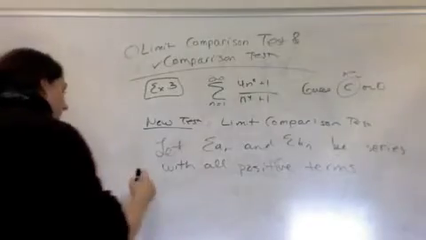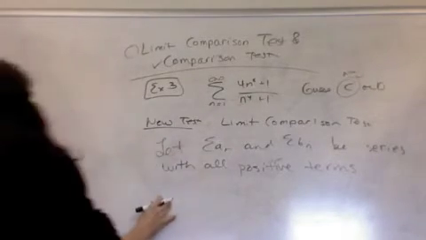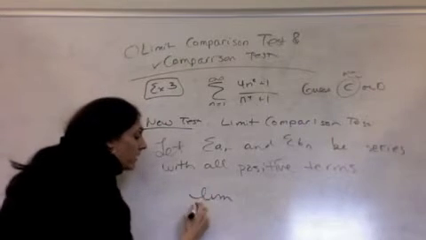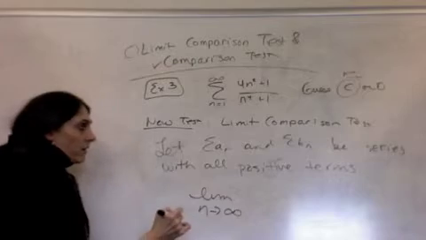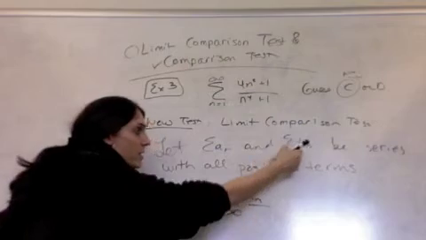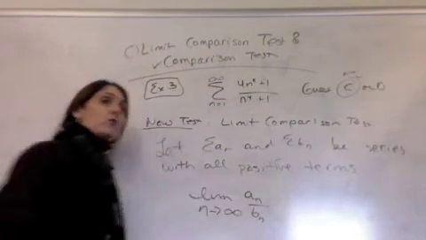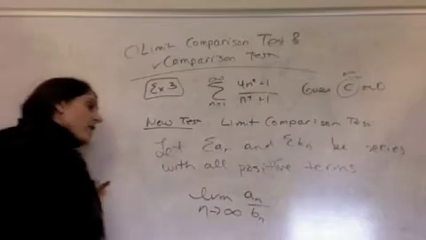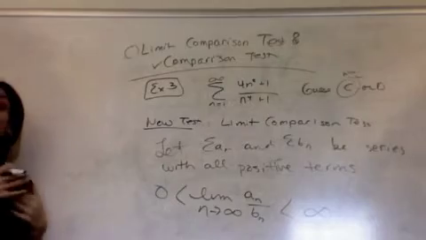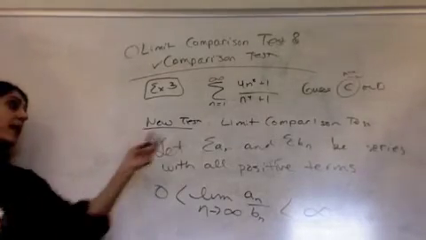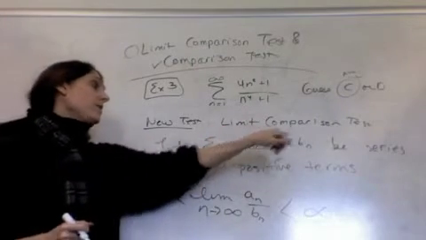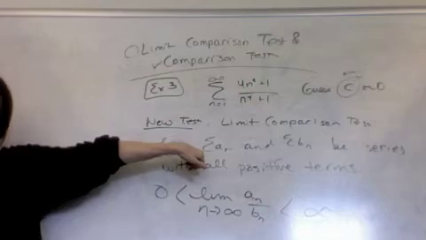And then it says if we can show that we take the limit as n goes to infinity of the nth term of what I'm trying to prove divided by this series I've chosen to compare it to, and if that value is between 0 and infinity, not including 0 or infinity, if it's a finite value, then these two series behave similarly.